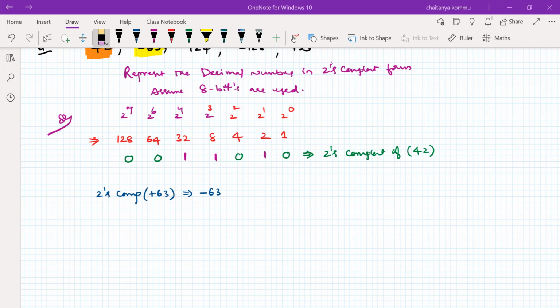Any other solution? Minus 63 is required, and that means plus 63 is required. Plus 63, how do we represent? That's the question. How do I do this?